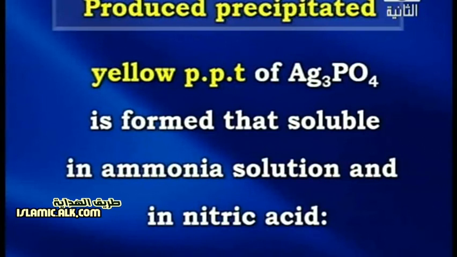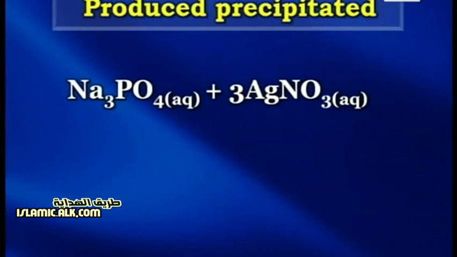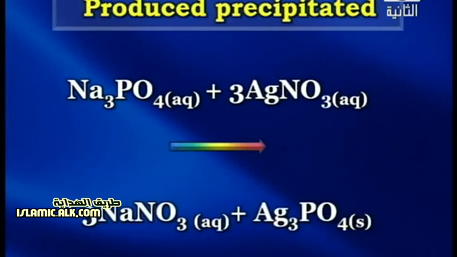My dear student, you have to remember that silver nitrate with an iodide salt also gives a yellow precipitate, but it is insoluble in ammonia solution, while silver nitrate with a phosphate salt gives a yellow precipitate which is soluble in ammonia solution.